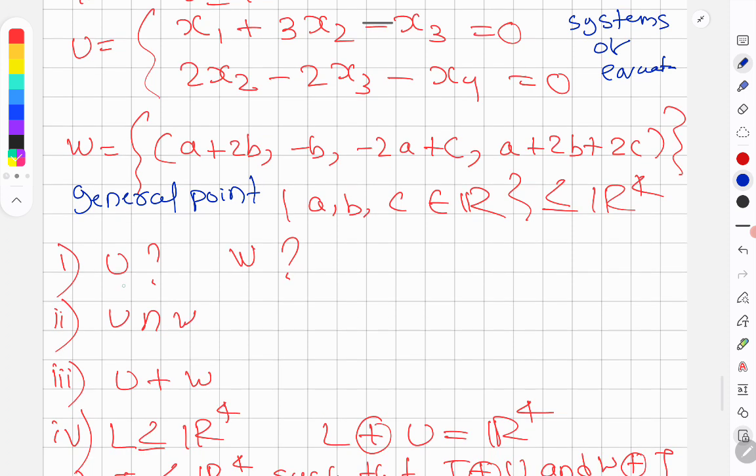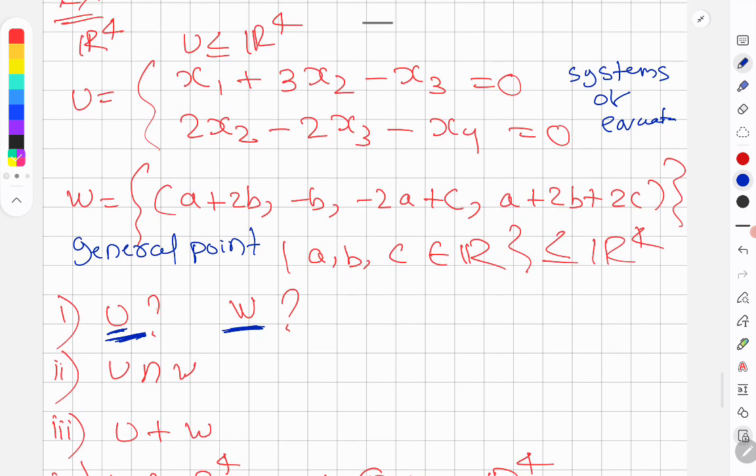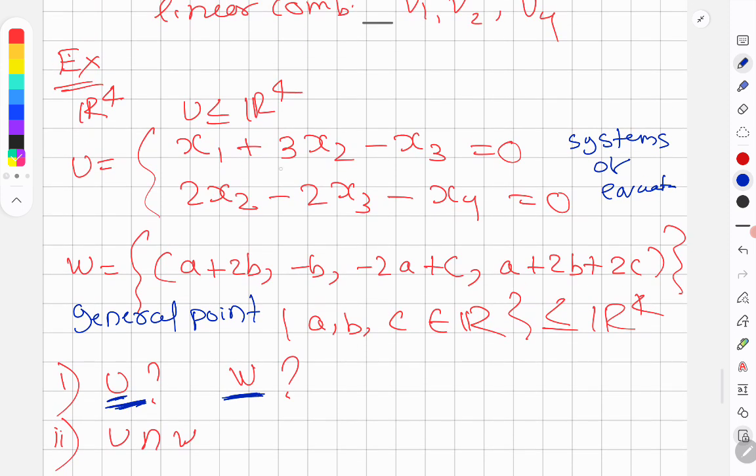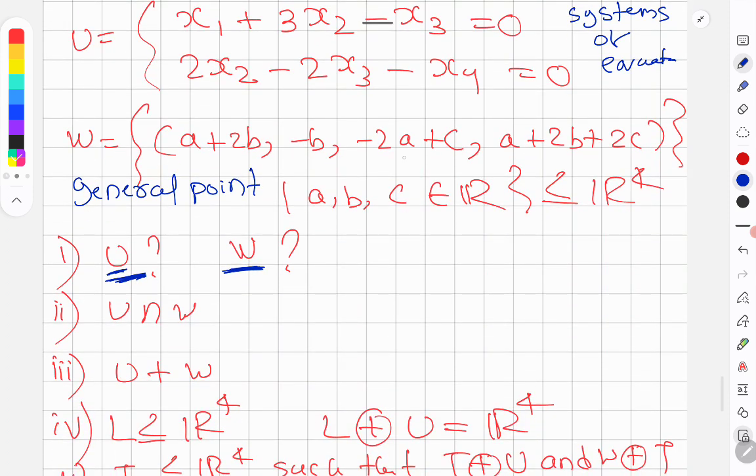So the first question is to find the solution of u, find the basis of u, and find the basis of W. It could be like find the solution, like solve this equation. Or here you will find the basis, I will tell you how.